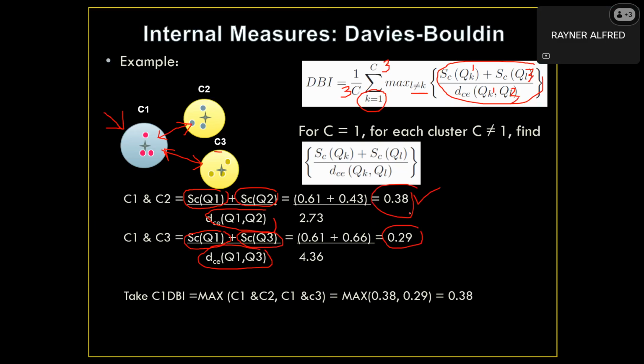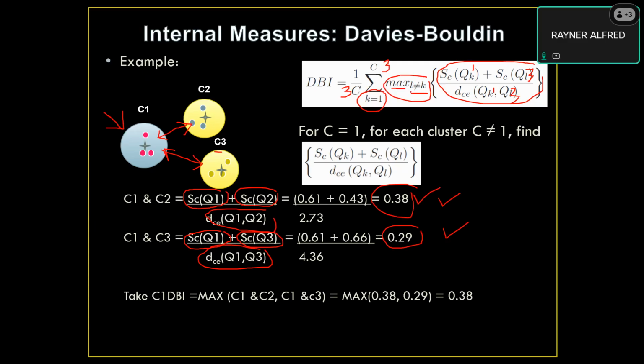The formula here finds the value for the different clusters, but we take the maximum one. We take the maximum because we want to take the worst scenario, not the best scenario.